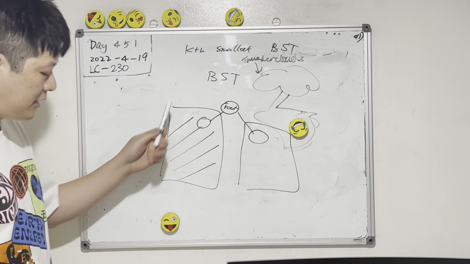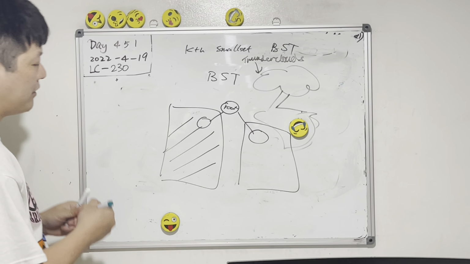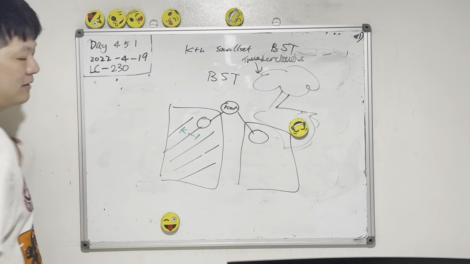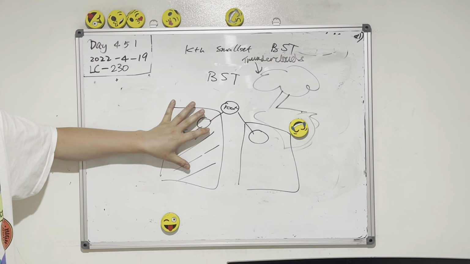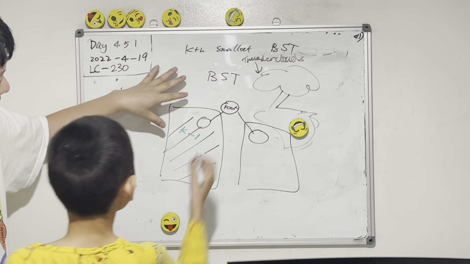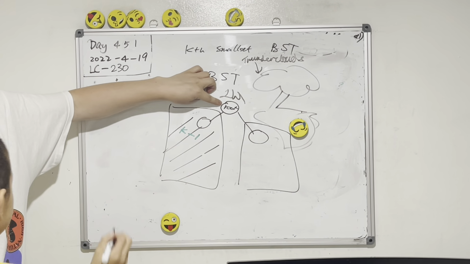Okay, listen. If I'm telling you that there are k minus 1 nodes here, which node is the k-smallest node? If there are k minus 1 nodes on the left of the root, exactly. Why is that? Because the nodes on the left tree are smaller than the root, right?